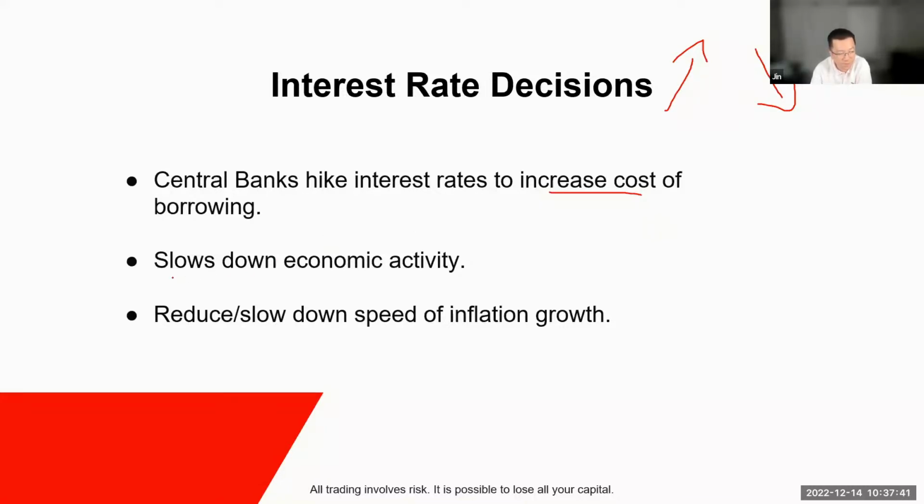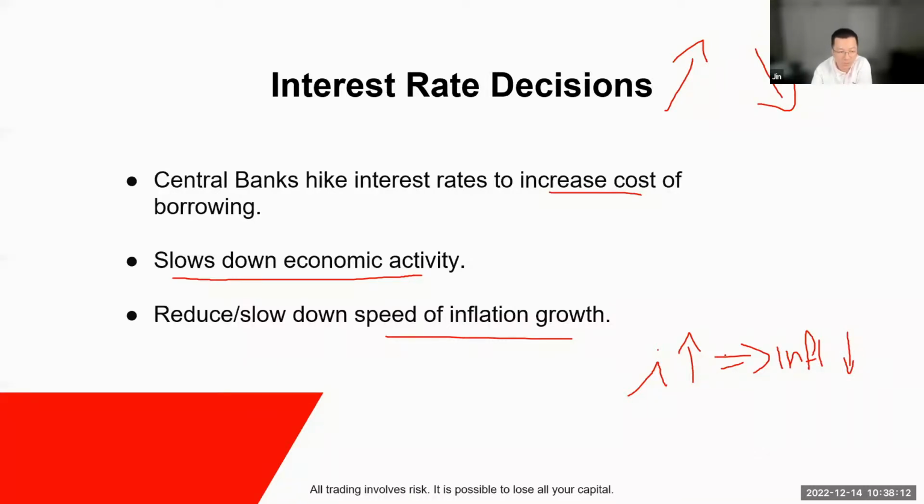So what happens is, as interest rates increase, it slows down economic activity. And because of that slowdown, it also slows down the speed of inflation growth, right? And that's why it comes back to, as interest rates increase, we're going to see inflation drop.